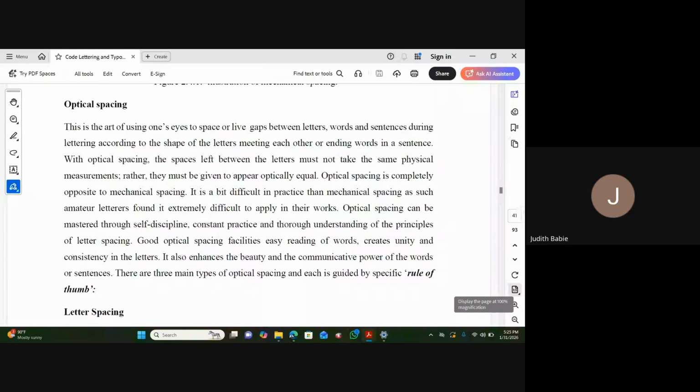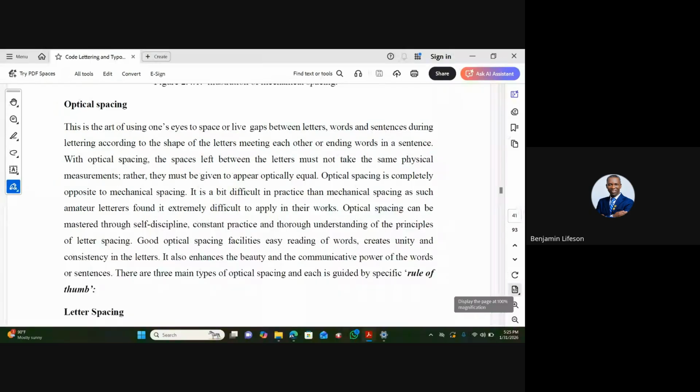With optical spacing, the spaces left between the letters must not take the same physical measurements. Rather, they must be given to appear optically equal. Optical spacing is completely opposite to mechanical spacing. It is a bit difficult in practice than mechanical spacing.